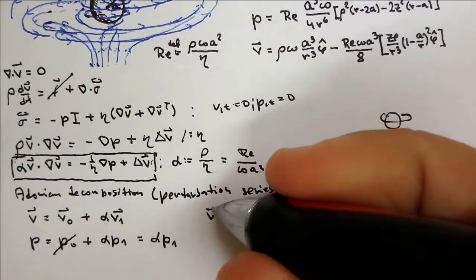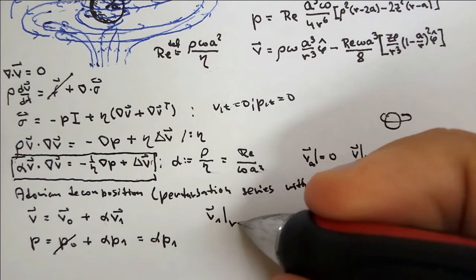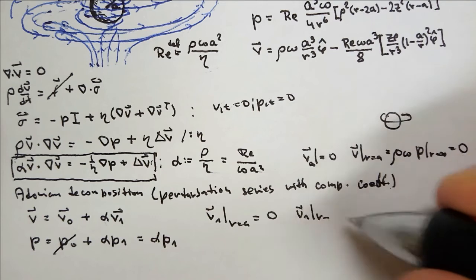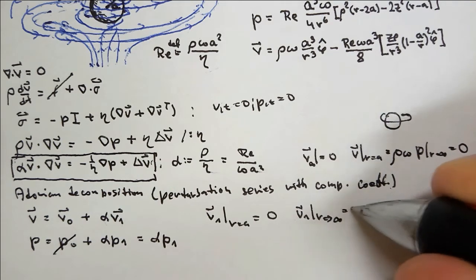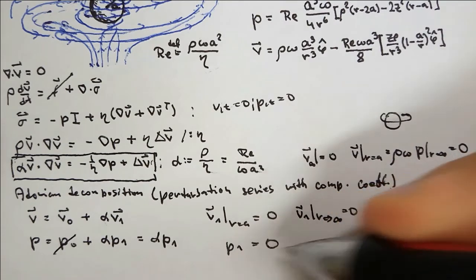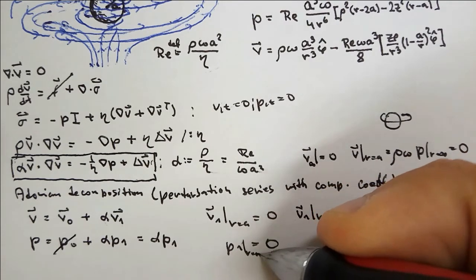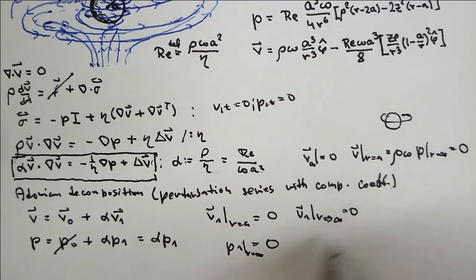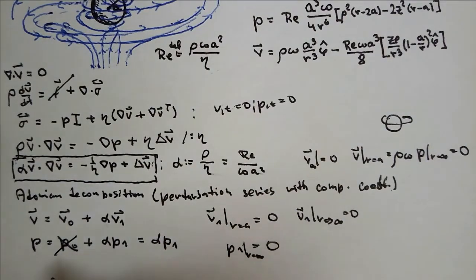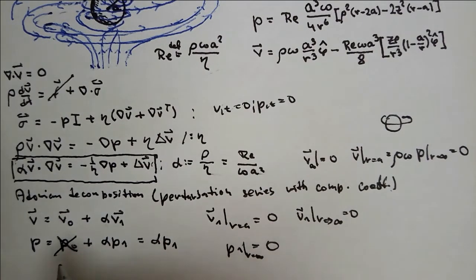So for v1 the boundary condition at r equal to a is 0, and for v1 as r approaches infinity it is 0. Again, p1 is 0 at infinity, and even if there was a pressure at infinity, this must be 0 because there is none. We will assume there is no pressure at infinity, so this is a constant, and the constant is 0.